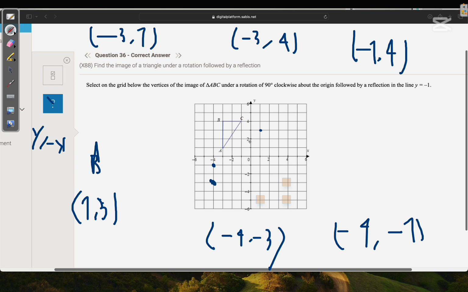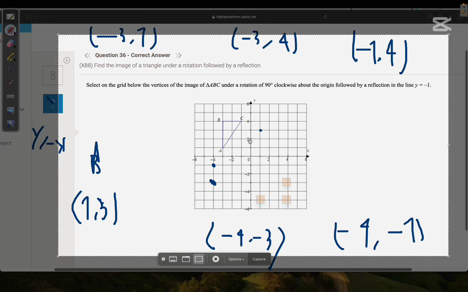Okay. So now after that they want a reflection about y equals -1. Definitely did this wrong. Stop.